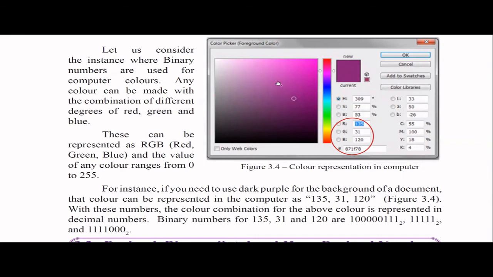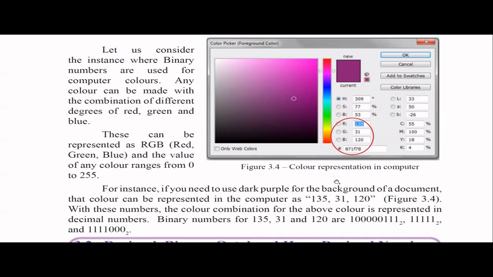You can use the palette itself, or you can change these numerical values and create any color based on different degrees of RGB values. What are RGB values? Red, green, blue. The range is from 0 to 255. From that, you can give different values for RGB and create different colors.